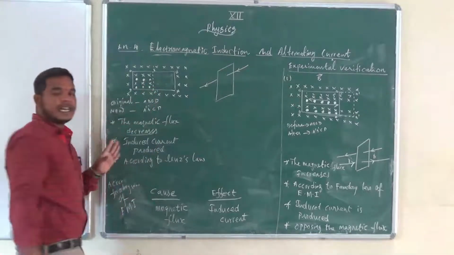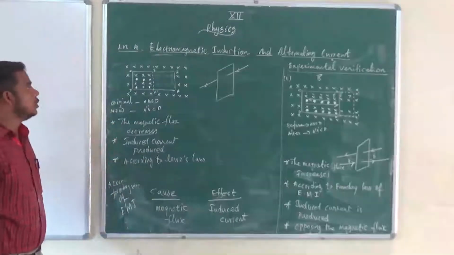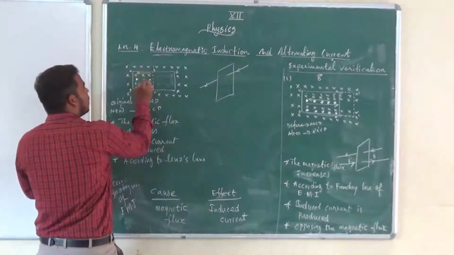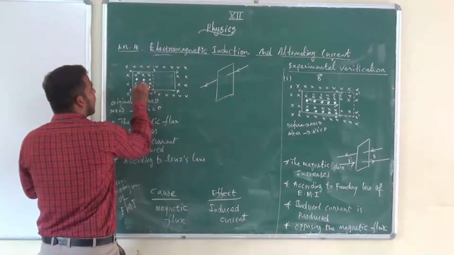The magnetic field produced by the induced current is in the same direction as the available magnetic field.